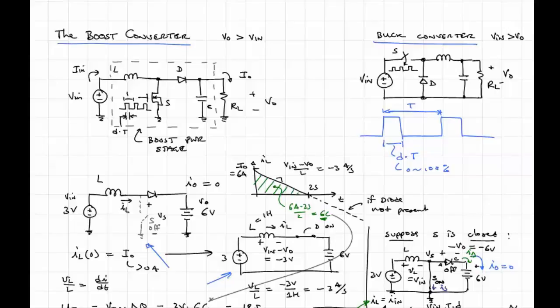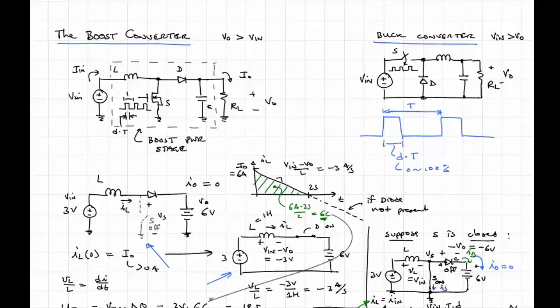The reality, though, is there's resistance in the MOSFET channel. There's voltage drop and resistance in a diode. There's resistance in an inductor because it's wound with copper wire. There's resistance in a capacitor just in its construction, and so any current flowing back and forth in that capacitor will cause I squared R losses.